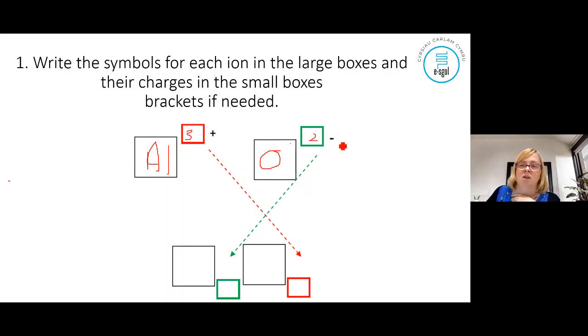Now notice the charges are outside those boxes because they will vanish. We will not have any charges present in the final product. So we'll take that 2, follow the green arrow, and that will go at the bottom. So that 2 will come down to here, and this 3 here will come down and fit into there.